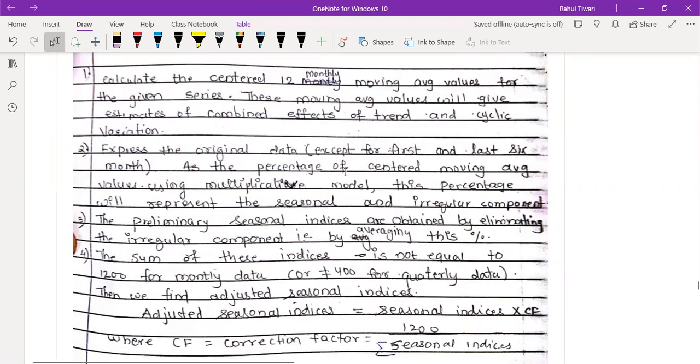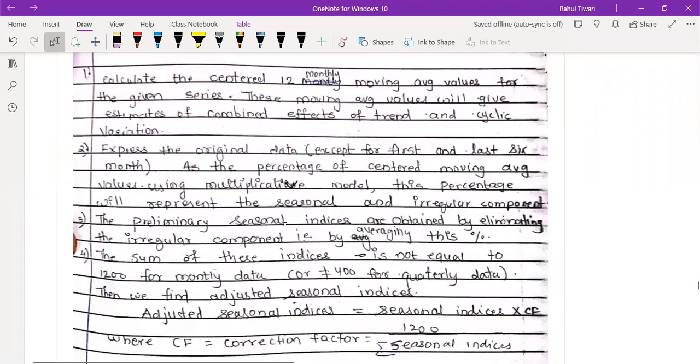I will tell you why it is not feasible for the first and last 6 months. So we express the data as a percentage of the centered moving average, and whatever the centered value we have got, I will express in terms of percentage.